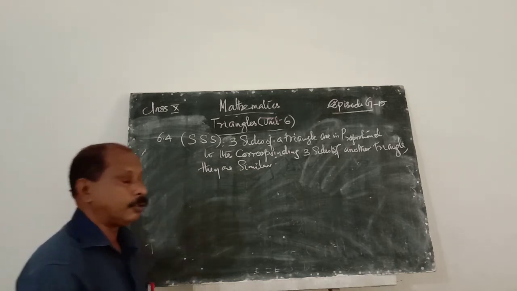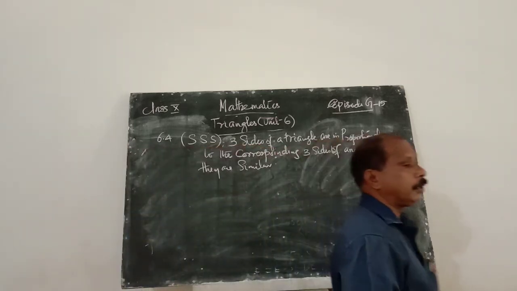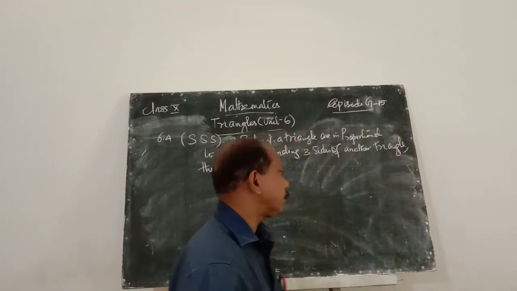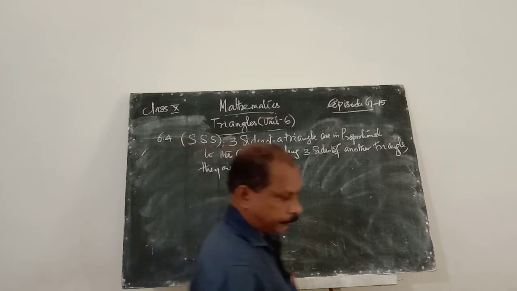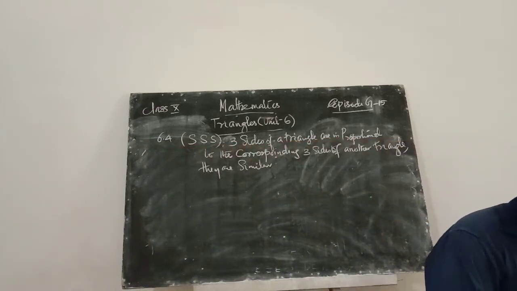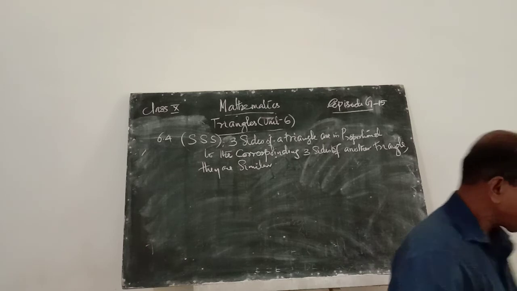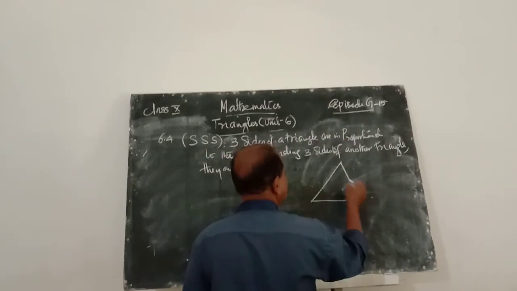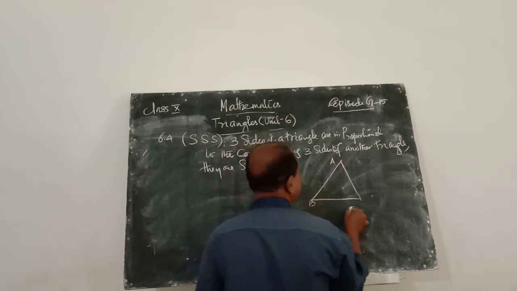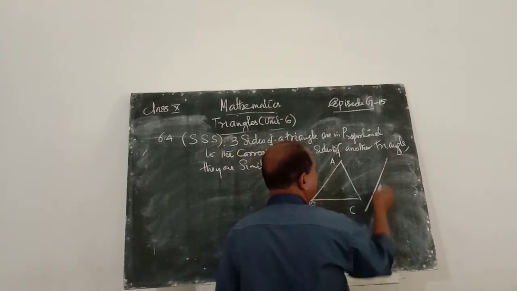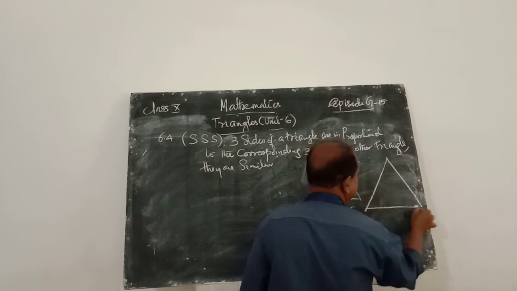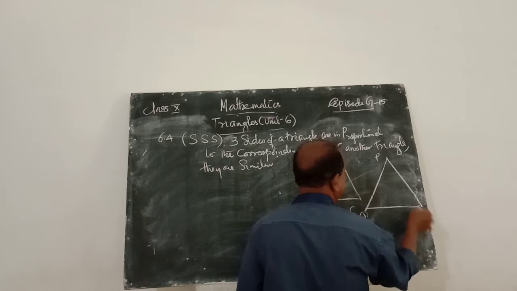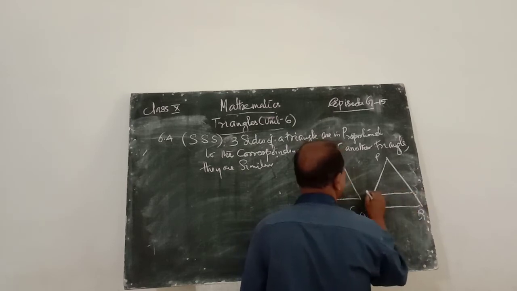That means if 3 sides of a triangle are in proportion with the corresponding 3 sides of another triangle, comma, they are similar. For that one, the same construction, that is triangle ABC, then triangle PQR, then DE.